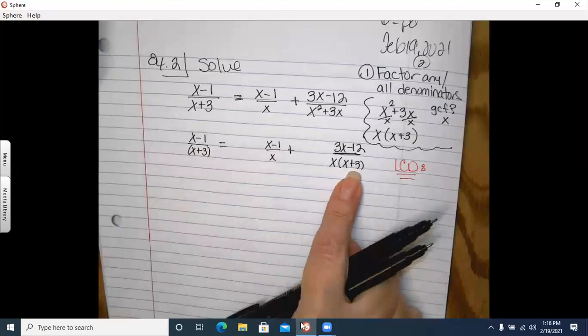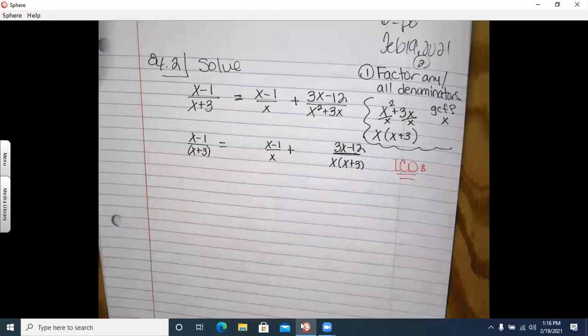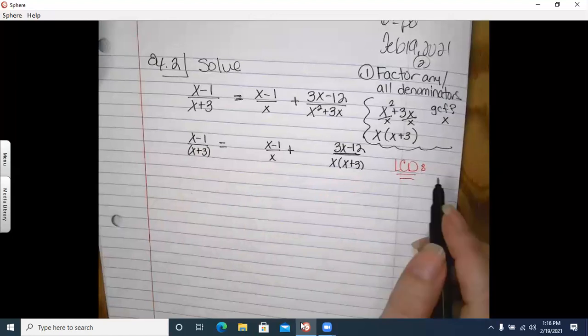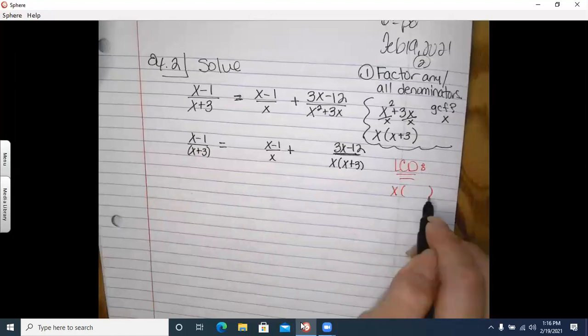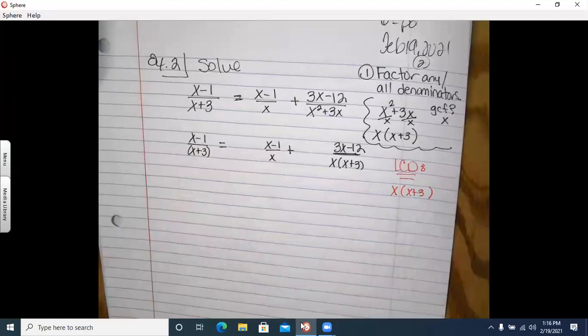Okay, so somebody give me one of the factors of my least common denominator. x. Give me the other one. x plus 3. If I just said, oh, it's x plus 3 because x plus 3 has an x, but can x plus 3, if you divide by x, those won't cancel, right? Because the binomial is all or nothing.